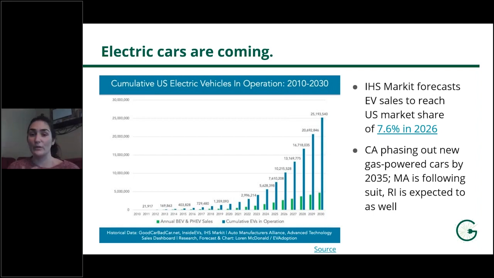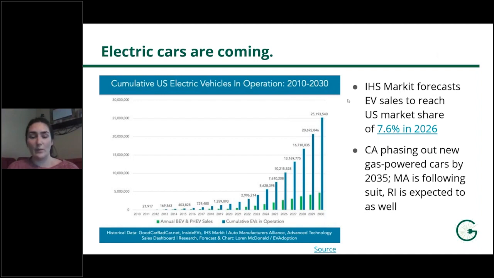And it's also great for the used vehicle market because once those vehicles come off their first buyer, they then go to a used vehicle owner. IHS is a market forecaster, and they have predicted that the U.S. market share of electric vehicles will be 7.6% in 2026, so that is pretty good.